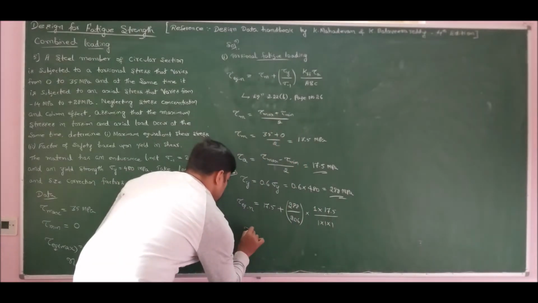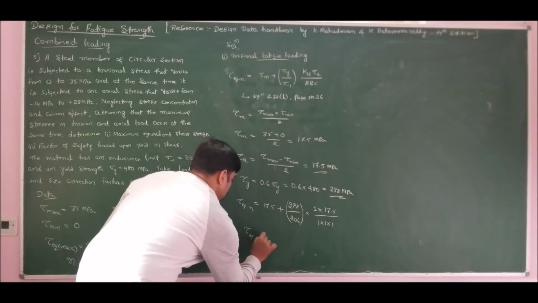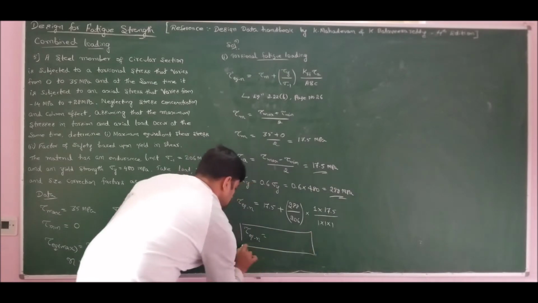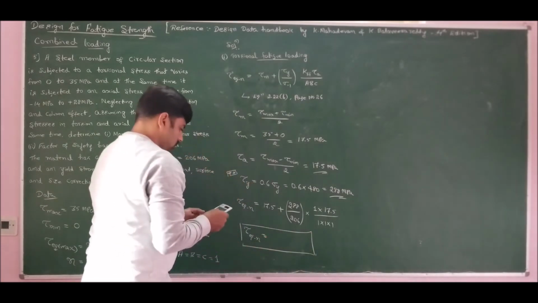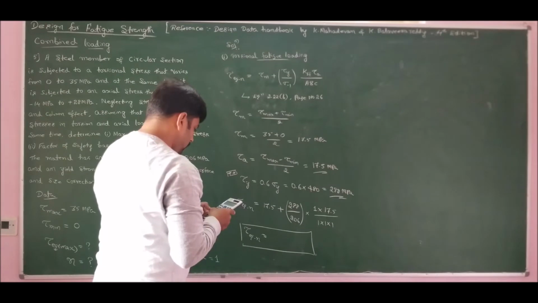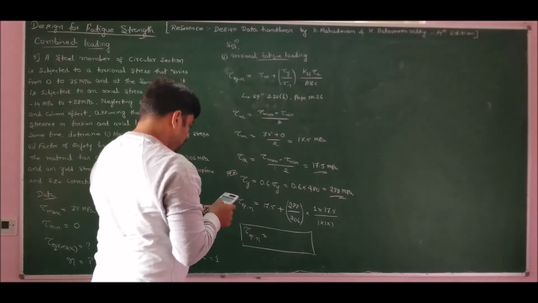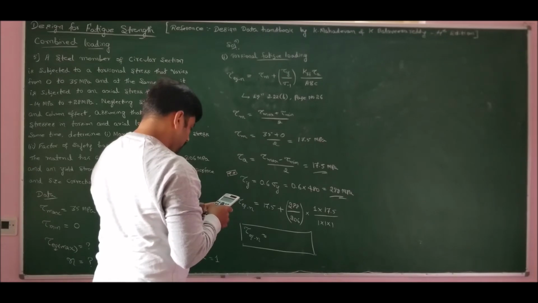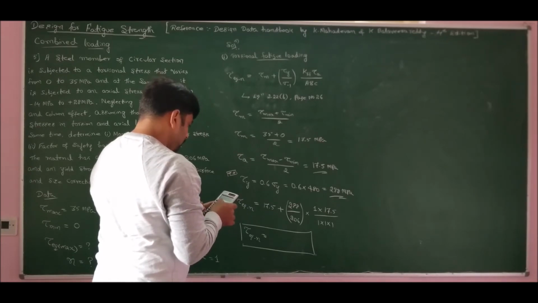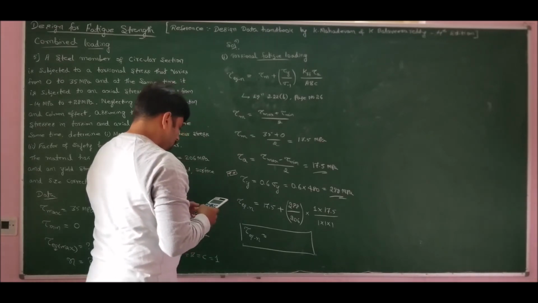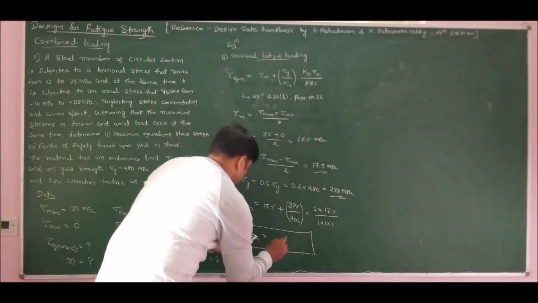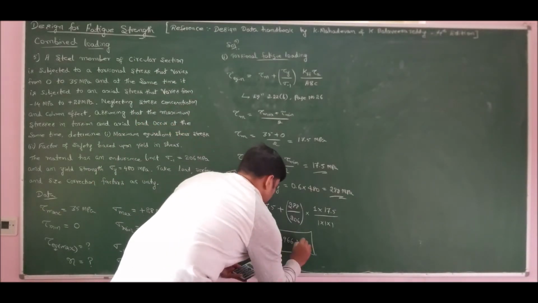So if I solve, tau equivalent n is 17.5 plus 288 by 206 into 17.5 by 1, which turns out to be 41.966 megapascals.